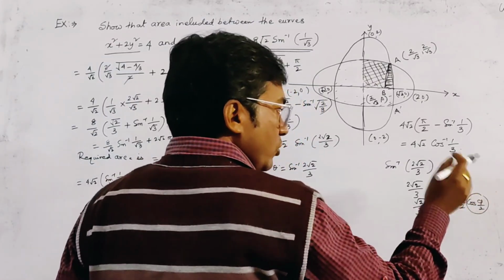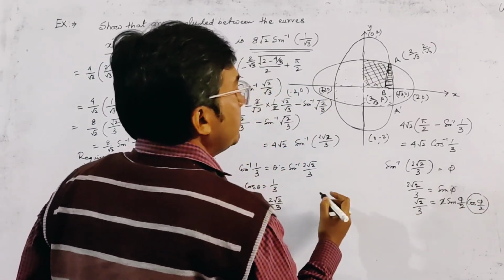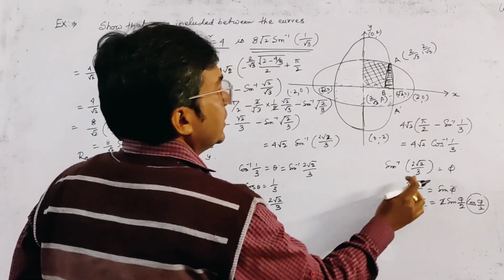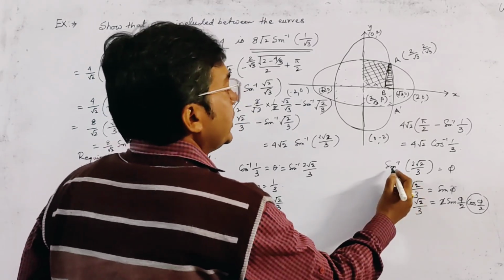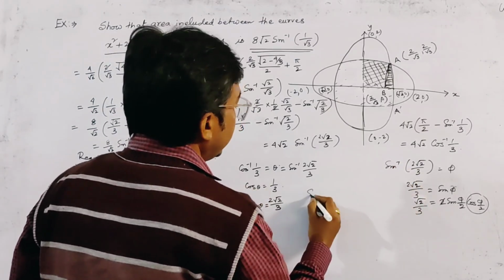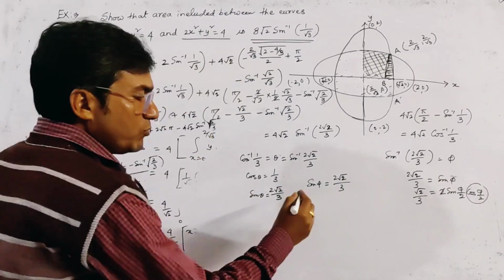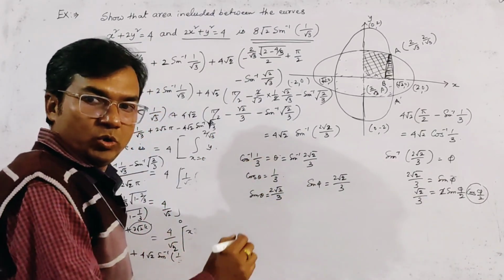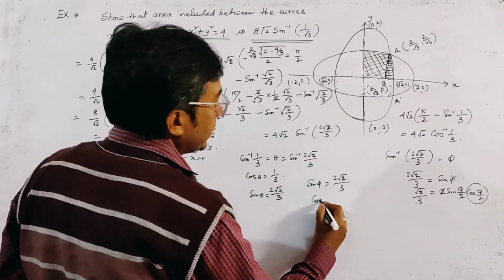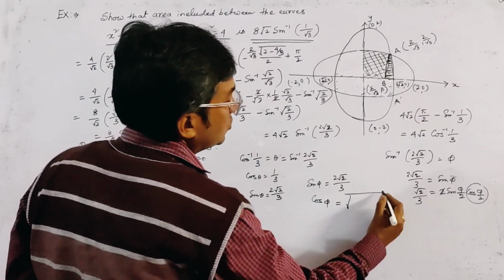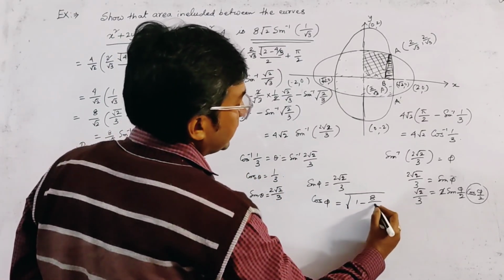What is the value of cos phi by 2? From this result, we take sin phi equal to 2 root 2 by 3. Now from the value of sin phi, we get the value of cos phi.